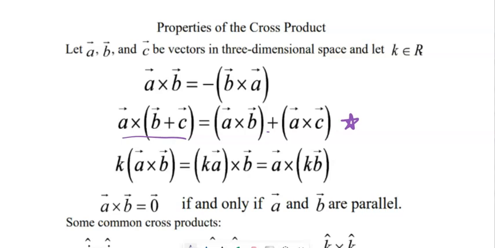And for the scalar multiplier, it actually doesn't matter when it is applied. You can do A cross B and then multiply by your scalar, or you can multiply the scalar by A first or the scalar by B first.